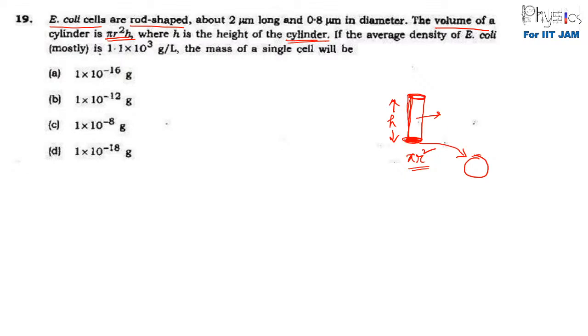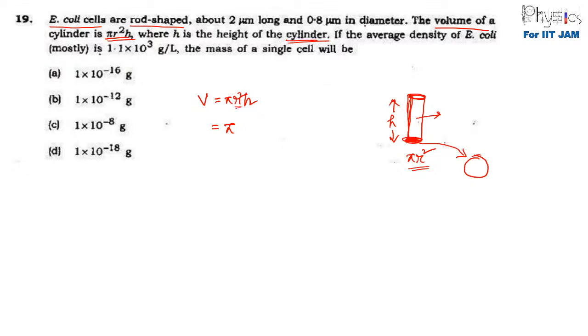Okay, so this is the volume of one E. coli cell, right? So we have the volume as pi r square h for one E. coli cell, right? So it is pi times what is r?